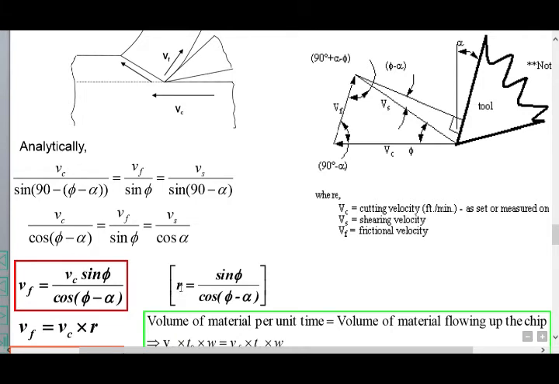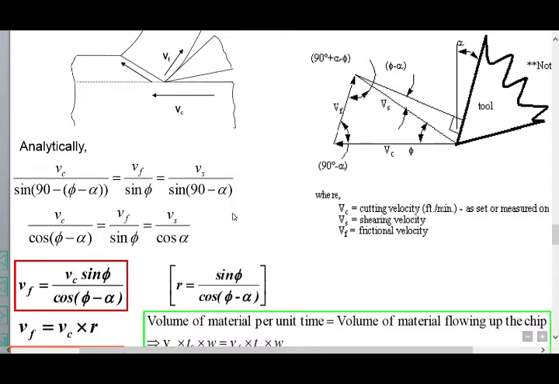Here r is equal to sine phi divided by cos of (phi minus alpha). So what is the flow velocity? Vf is equal to Vc into r. Vc into r is the formula.